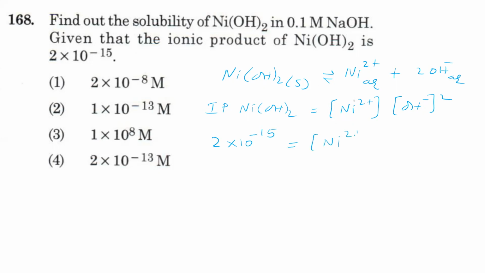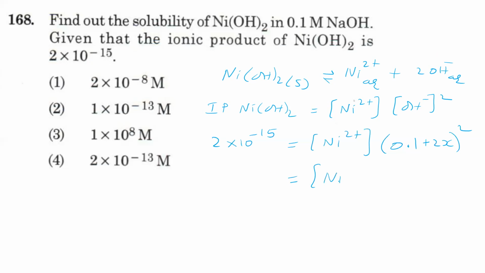The ionic product of Ni(OH)2 is given as 2 into 10 to the power of minus 15. The concentration of OH minus means the sodium hydroxide concentration, that is 0.1. Sodium hydroxide gives 0.1 concentration, and nickel hydroxide gives suppose 2x. We will neglect this 2x from nickel hydroxide because we would get a cubic expression.